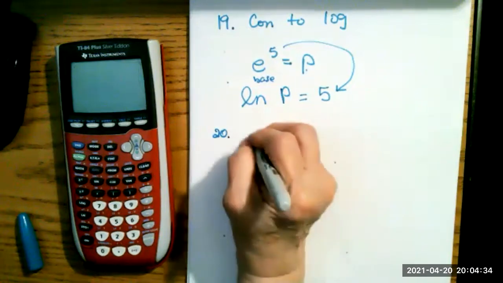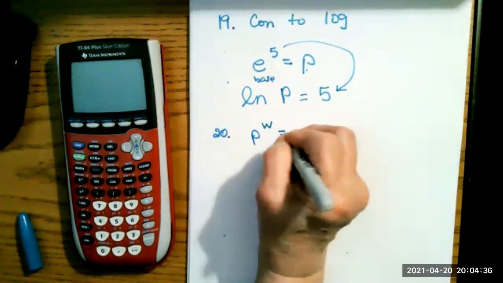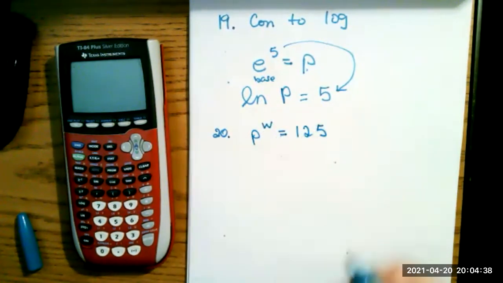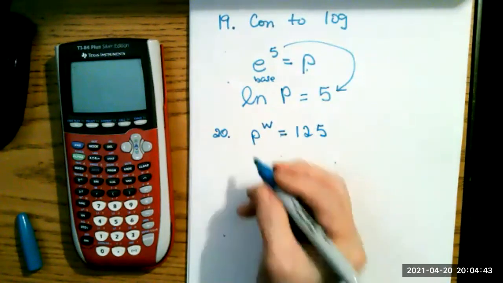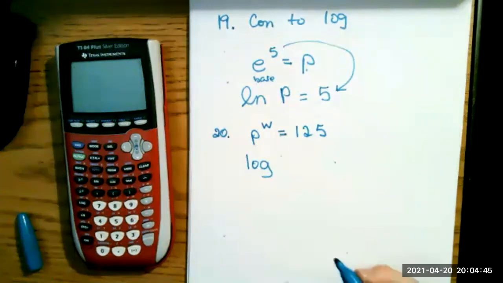Okay, 20, you have P to the W equals 125. See if you can do it before I do it. You've got to have log, L-O-G.